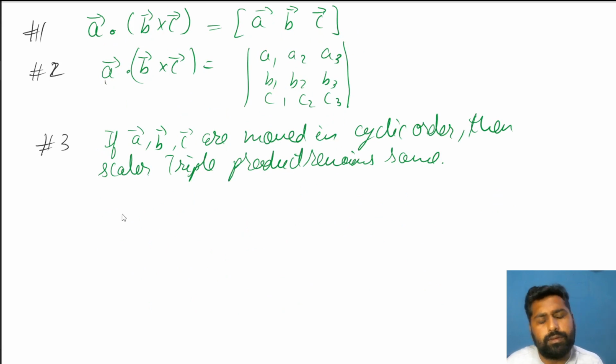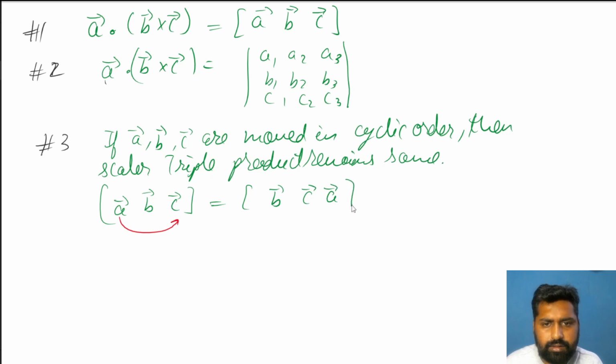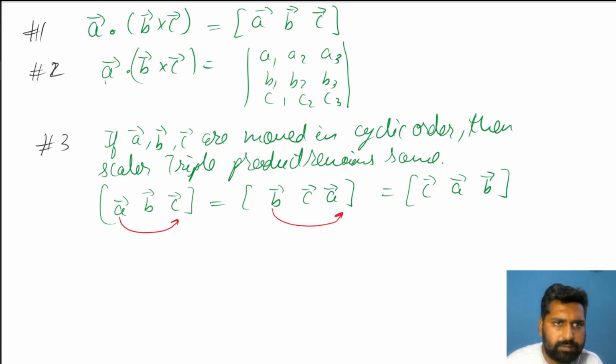Let's say A vector, B vector, C vector, and what I'm doing is moving A here. I've taken A in front of BC, so B, C, A. Even if I do this, it is still the same. I'm moving in cyclic direction. Then I'm moving B again, and I've taken A, C and A before, so this is C, A, B. If I again move C in this direction, I'll get back to your ABC.